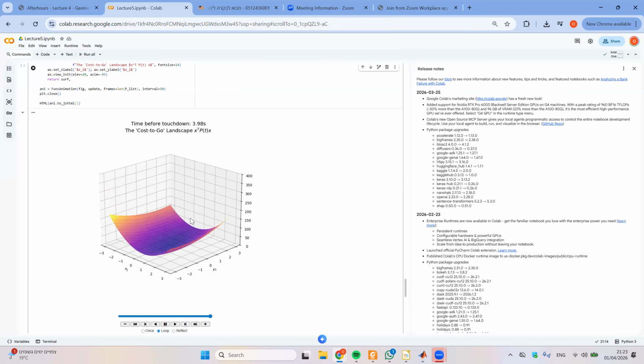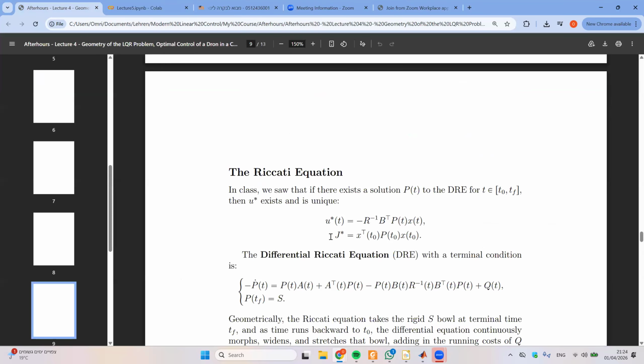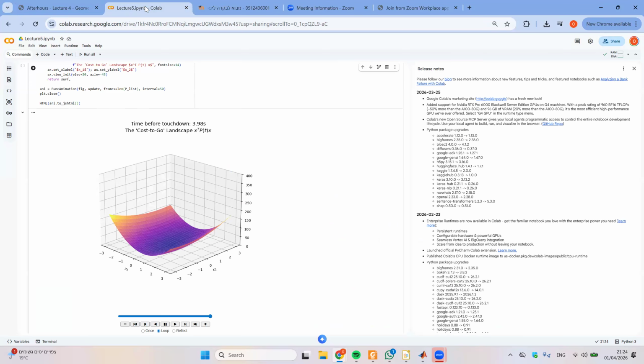This is the initial condition, and this is actually the least cost we can have. This is the most shallow the ball can be, and this is why the optimal cost is given here. So the optimal cost is given for the initial time, as you can see here. Wherever we land in this ball, this depends on the initial condition, this will be the minimal cost.